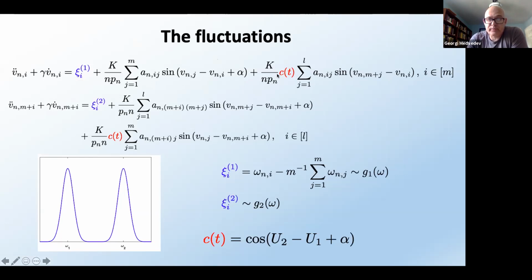This is multiplied by the coefficient C of t, a deterministic quantity which is determined by the group dynamics. Here's the precise expression: cosine of the difference, U2 minus U1 plus phase lag. That captures the structure of this system. For the second cluster, we have a system which has exactly the same configuration.